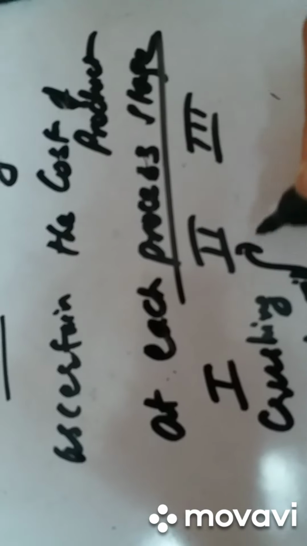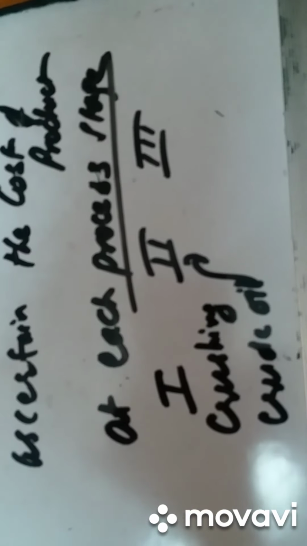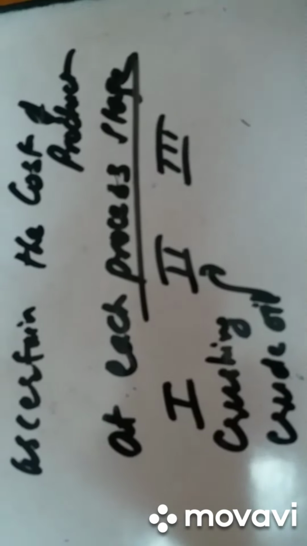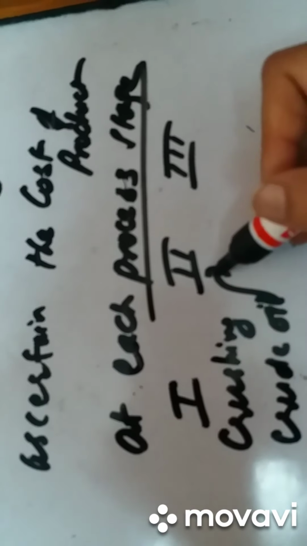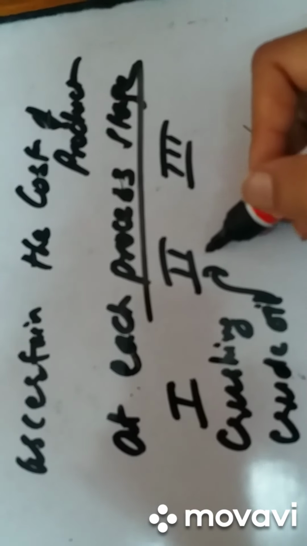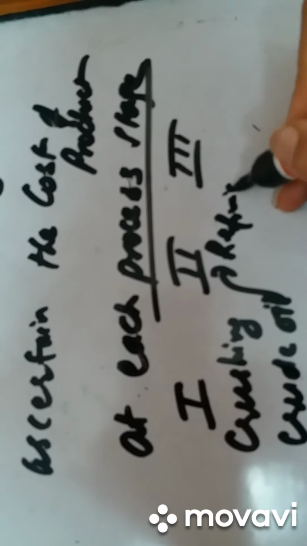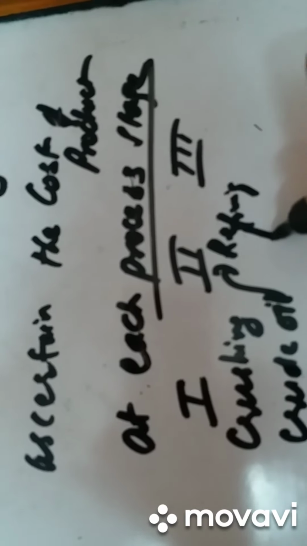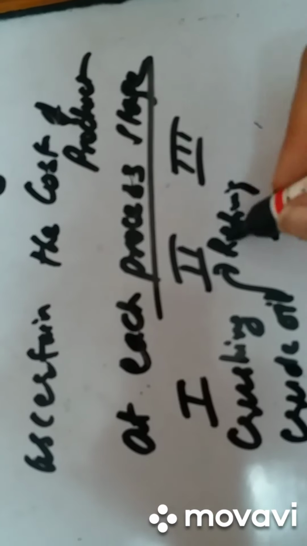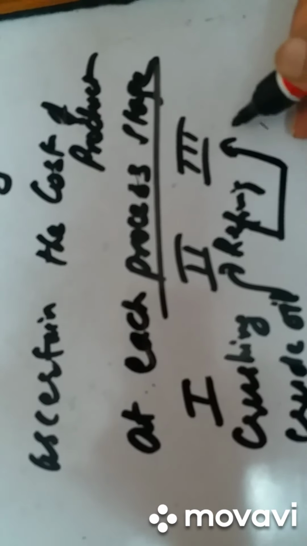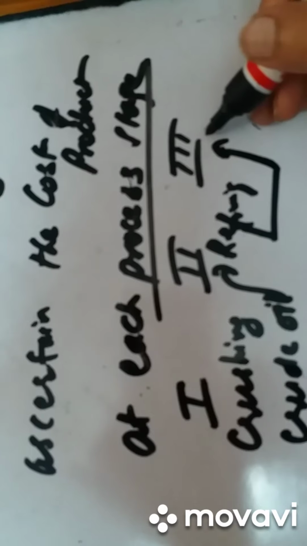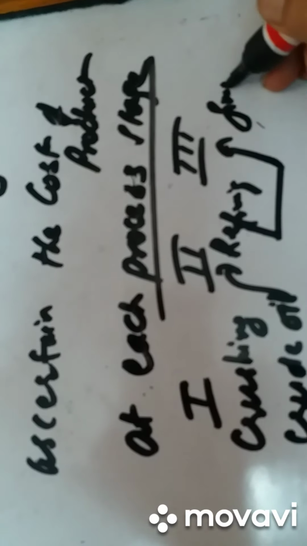This crude oil is the finished product of the first process and goes as the raw material for the second. Here we do the refining of the oil, and the finished product of this goes to the next one and becomes the raw material of the third. Let's say it is the finishing process.